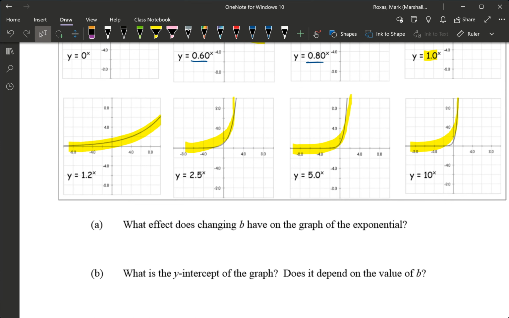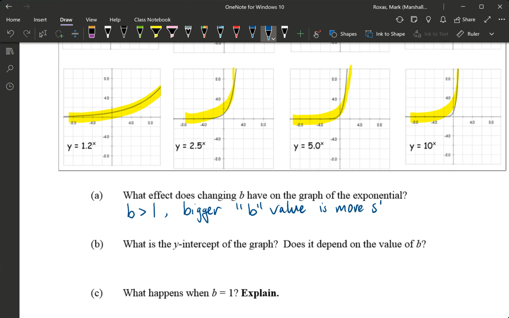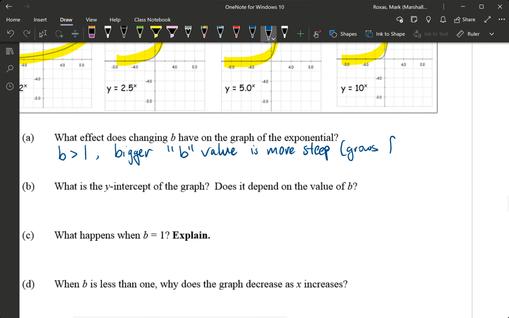Part A, what effect does changing b have on the graph of the exponential? Well, if b is greater than 1, then a bigger b value is more steep, or in other words, grows faster.